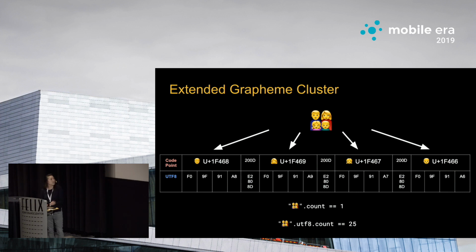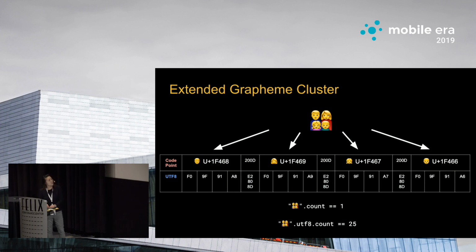So take a look at this family emoji example. The character consists of 4 emojis: the father emoji and a joiner, the mother emoji and a joiner, girl emoji, a joiner, and then a boy emoji. Each emoji is mapped to a code point, which is then mapped to UTF-8 code units.